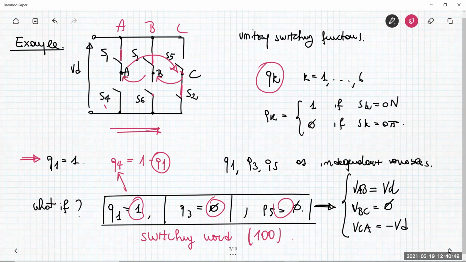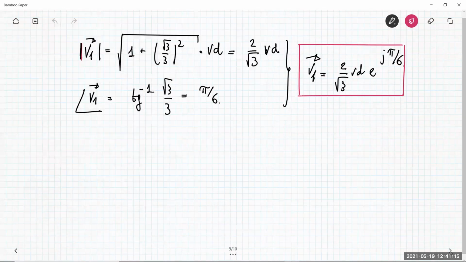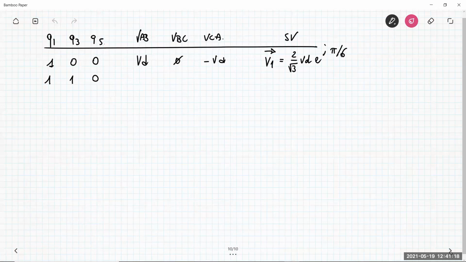So, for example, VAB, the voltage between these two nodes, is 0 because the two switches are closed. VBC is VD because it's the voltage between this node and this one. And VCA is negative VD because nothing changes with respect to the previous combination 100. So I have here 0, VD, negative VD.